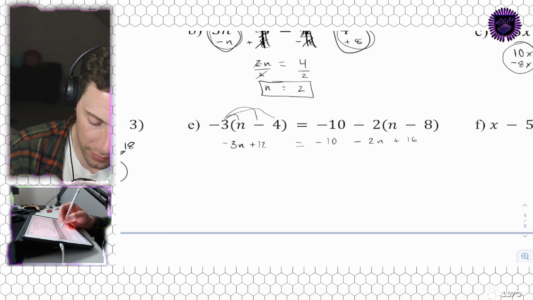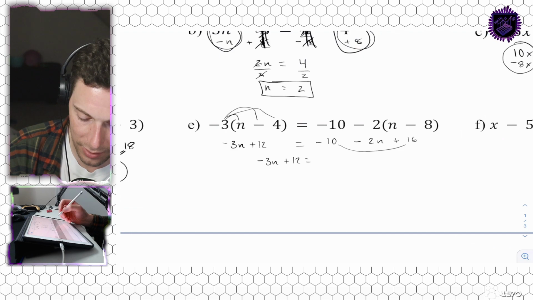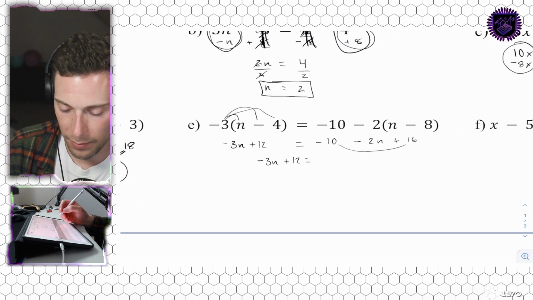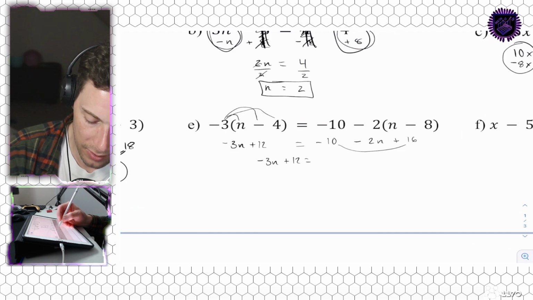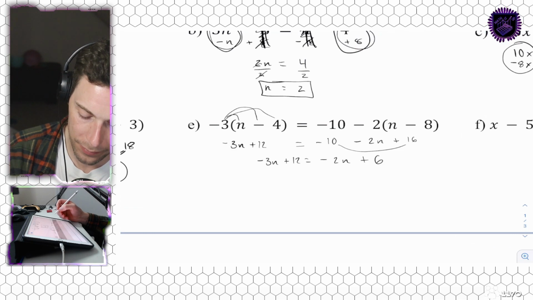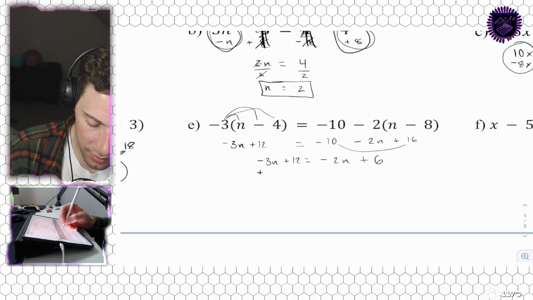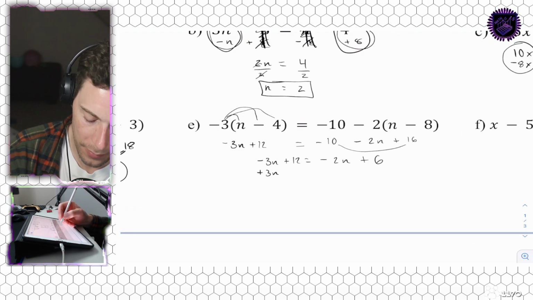On this side, we're left with negative 3n plus 12 equals, and then we combine those, negative 10 plus 6, so equal to negative 2n plus 6. Let's go the other way. Let's plus 3n here, plus 3n.